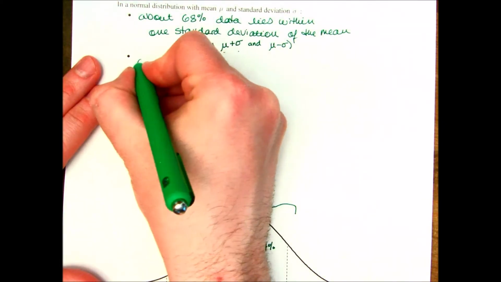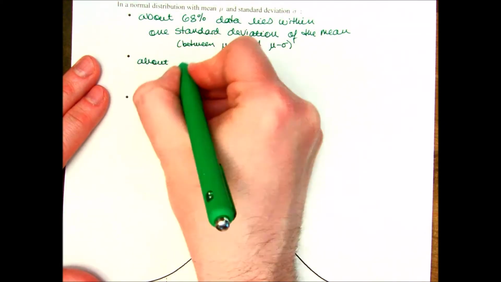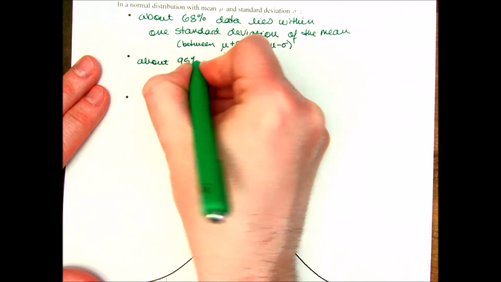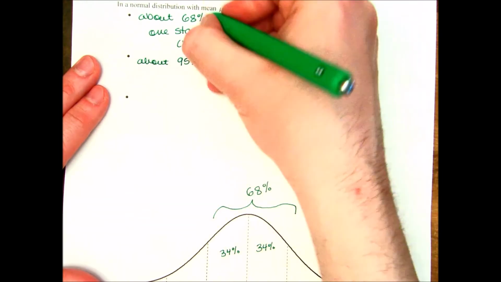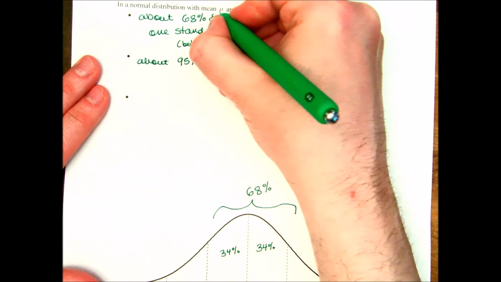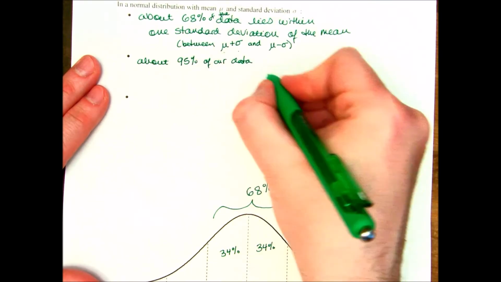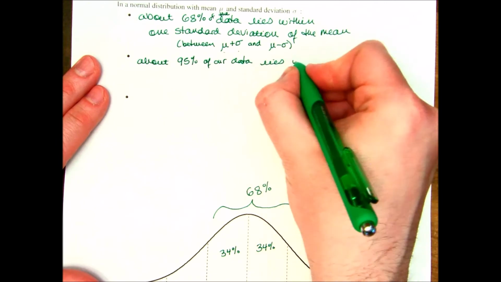Next rule, about 95% of our data lies within two standard deviations of the mean.